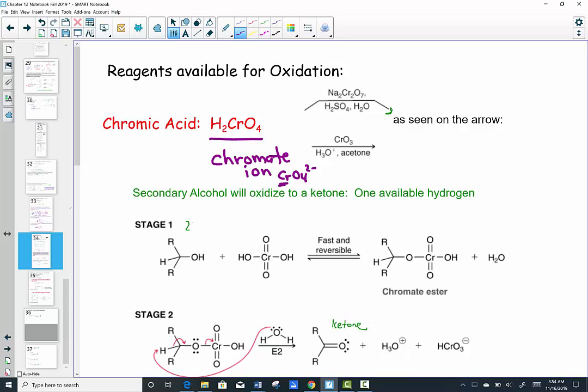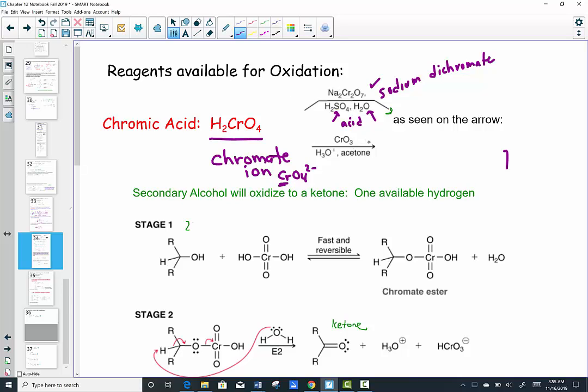Some of the ways you might see chromic acid on an arrow, you might see it in its salt form, such as sodium dichromate. Sodium dichromate is a salt made up of 2 ions. Here is the acid workup in an aqueous solution to create the acid. So if I see a chromium compound, know that it's just another way of writing chromic acid.